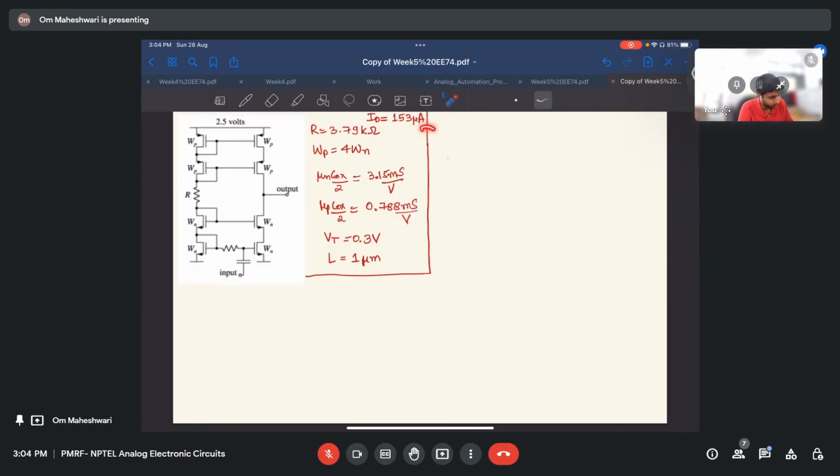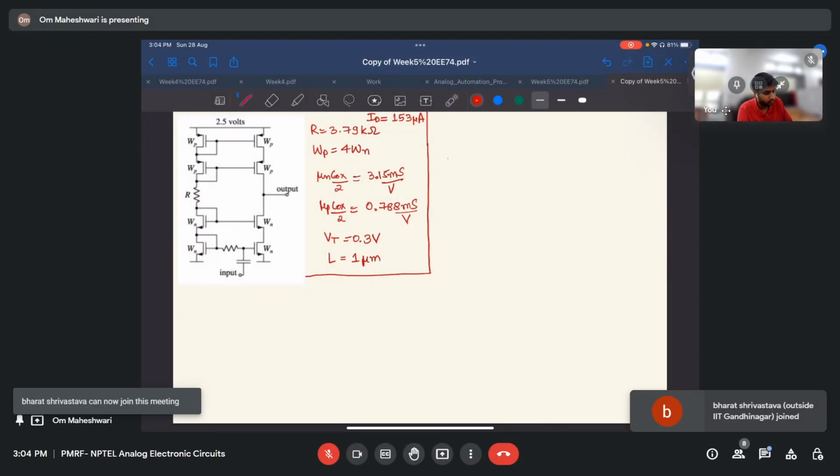So I've listed all the values that they have given, and this is the circuit. So first, let us try to apply KVL in this branch.